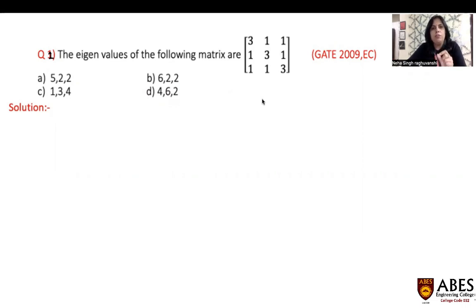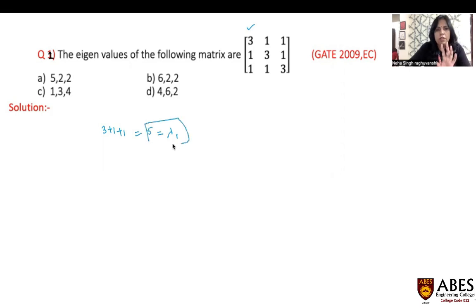In this special type of matrix, we can add all the elements of a row or a column. If we add the elements of the first column, that is 3 plus 1 plus 1, which equals 5. This would be the first eigenvalue of this matrix, that is 5.